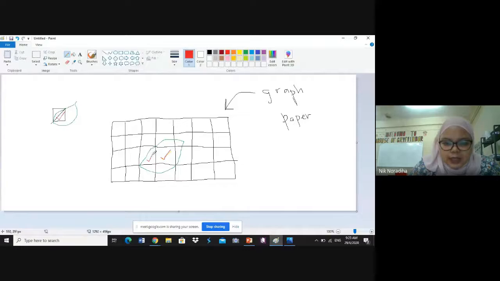How about here? Is it half or not? Anyone can answer, teacher? This one is it half or not? This one does not exceed half, because look on your screen, okay? Half of the square is like this. The teacher already drew it for you.